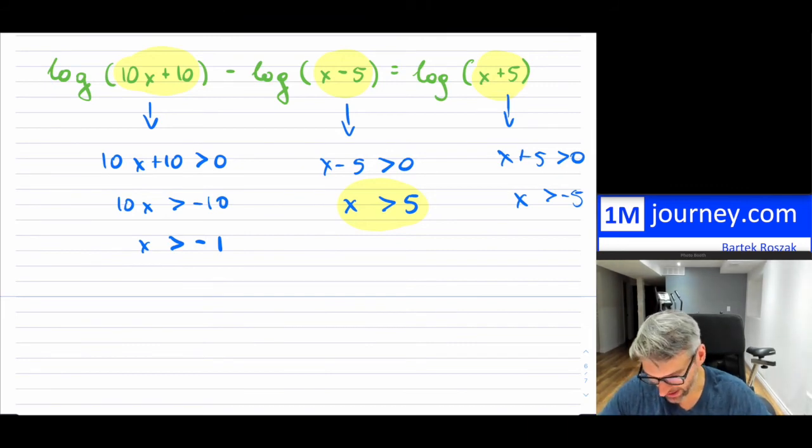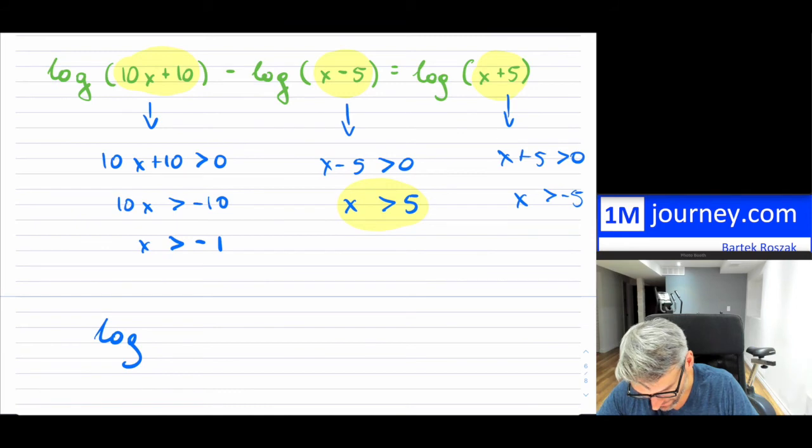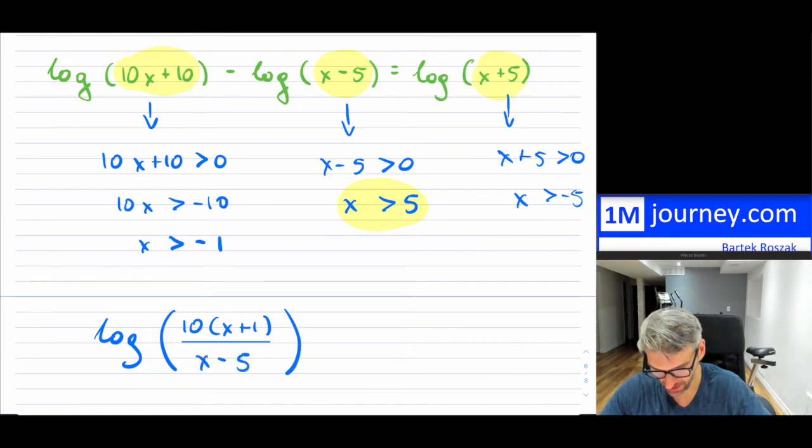Now I have logs, so it's all log base 10 here. I'm going to combine these together actually. So log, and now I'm going to take that thing out. So 10, this is x plus 1, so I factored out that 10, divided by x minus 5, using the property for subtraction under the same base for logs.